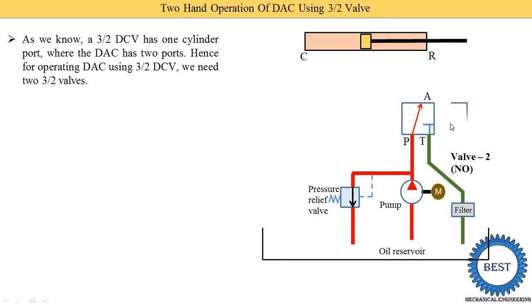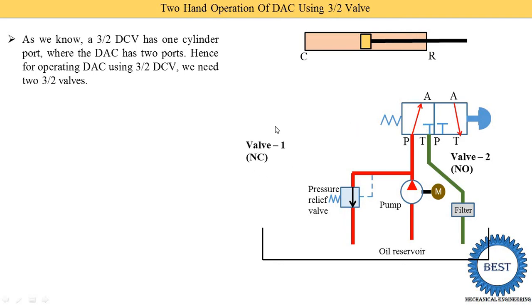So in the second position, we draw the P port closed. Here in this image you see that the A port is connected with the T port, and the pressure port P is closed because when we press the switch of the normally open valve, it returns. And here this is the symbol used for the push button type switch.